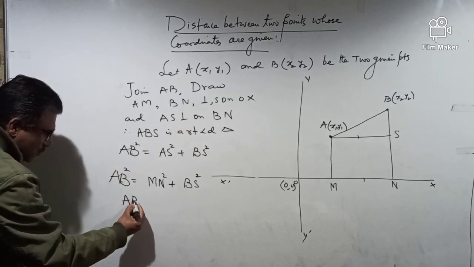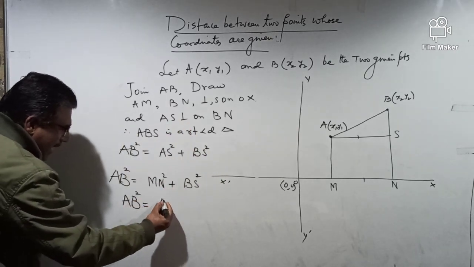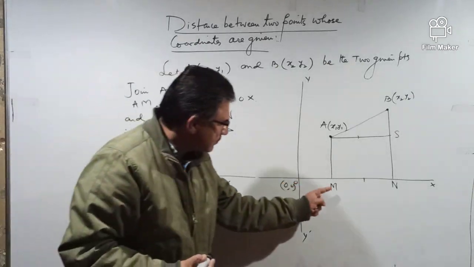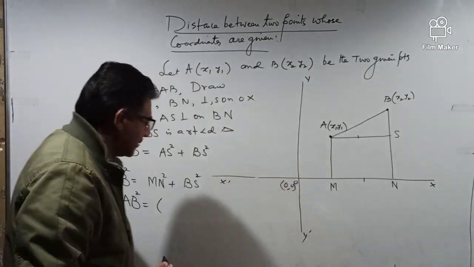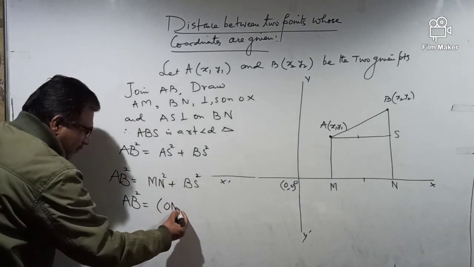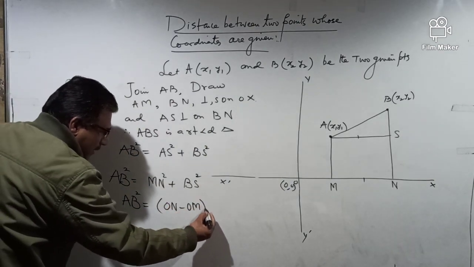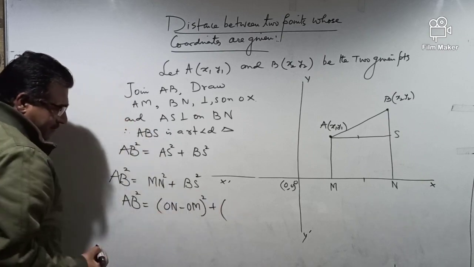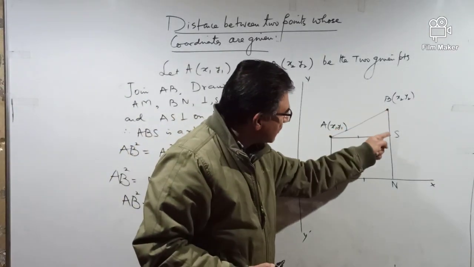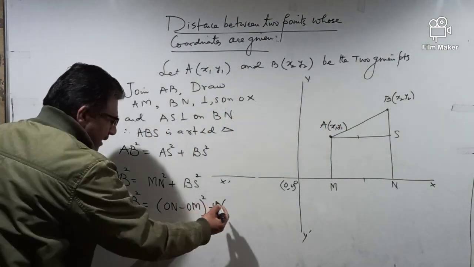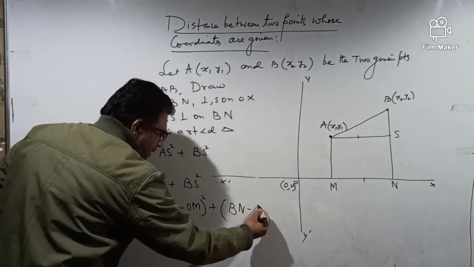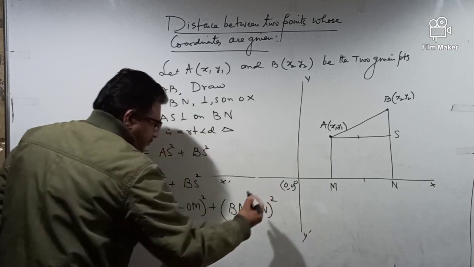Therefore, AB square is equal to MN. Now MN is ON minus OM, whole square. Then BS is BN minus SN. So it is BN minus SN whole square.